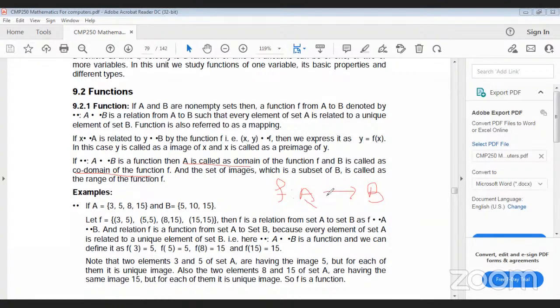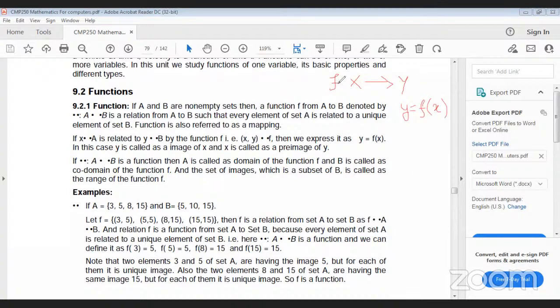And how do we represent it? Let's go from your textbook. It is in terms of x and y. So your function is from x to y, and it will be represented as y equals f of x. What do you understand from this?